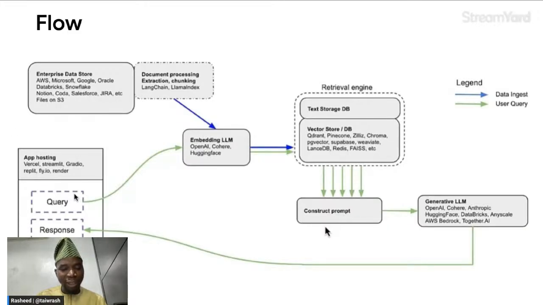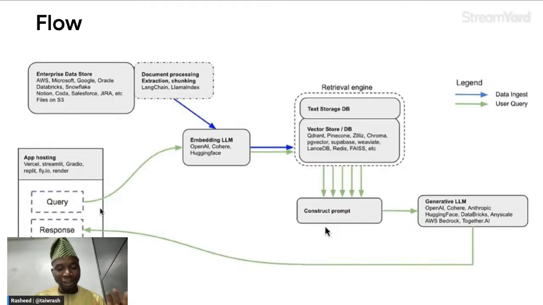If you look at this green line, the user inputs something into this model, but it's not going directly to the system unless we have our data source, and we embed it before and put it in the vector database. Whatever the user comes with will be embedded as well, turned into chunks and embedded, and then we push it to the vector database, and comparison occurs. We construct a perfect prompt.